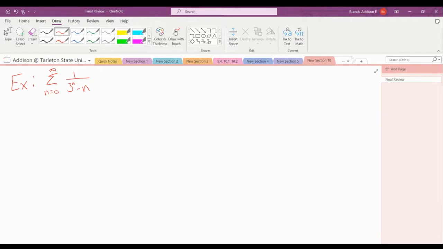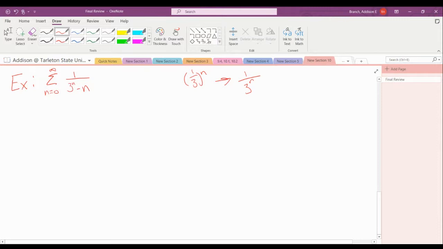So usually whenever we do a comparison test, the best ones to use are a p-series or a geometric, mainly because those are really easy to just look at and say, I know that converges or I know that diverges. Because we have 3 to the n, let's try a geometric to compare this with. So let's do 1 over 3 to the n, which we know will converge.